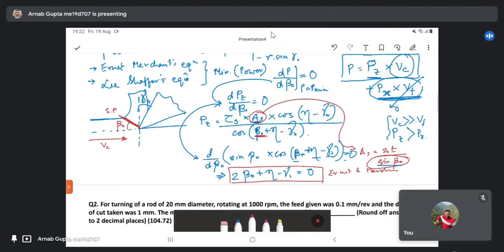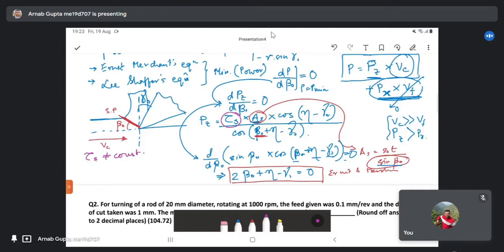But there's a problem with this. Here we are assuming that this tau s is constant throughout this entire process. But in an actual machining operation, tau s is not constant with respect to beta naught and other parameters also.